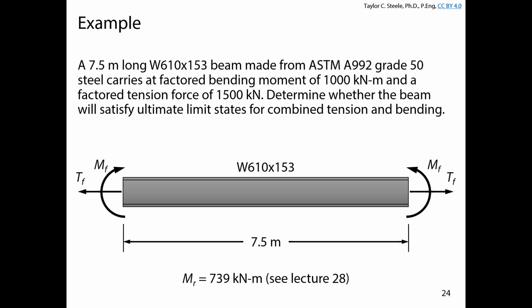At the same time, we're applying a moment to this beam of 1,000 kilonewton meters. So if this tension force was not here, this beam would not work, but the tension force is here. The question is, is the tension force enough to prevent lateral torsional buckling from happening? And is it small enough to prevent us from exceeding the yield stress on the bottom flange of the cross-section as well?